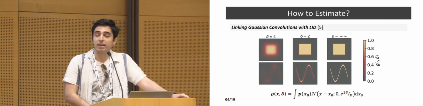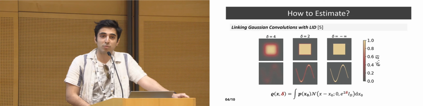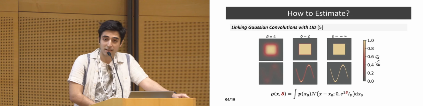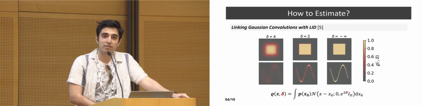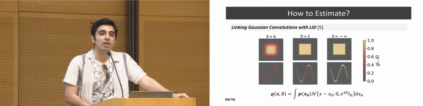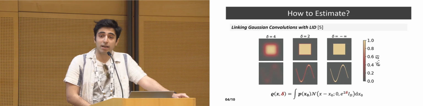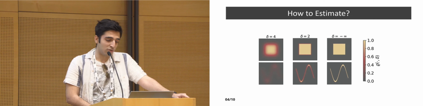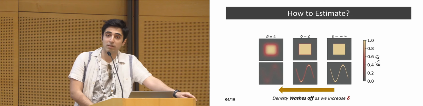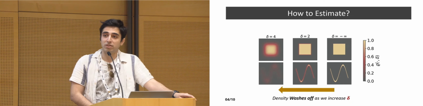Here we are depicting data distributions supported on a 2D square and a 1D squiggly line on the top and bottom rows. We can define these rho of x and delta values. These are the Gaussian convolutions of our original data distribution with Gaussian noise that has log standard deviation delta. And so when we move from right to left, we are convolving it with more and more Gaussian noise.